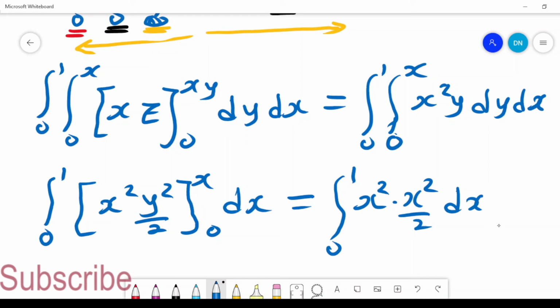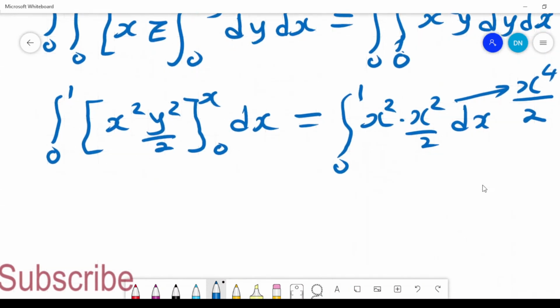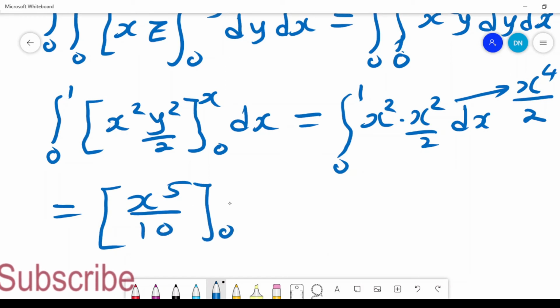And that is equal to x to power 4 divided by 2. So the next point is to do the last integral, and this gives us x to power 5 over 10, and the limit is 0 to 1, which is 1 over 10.